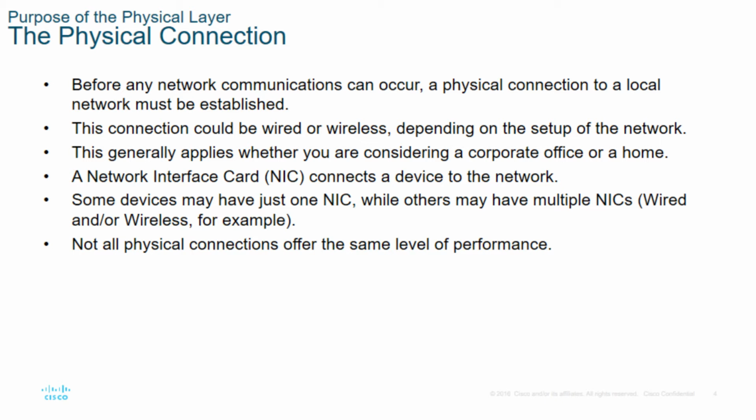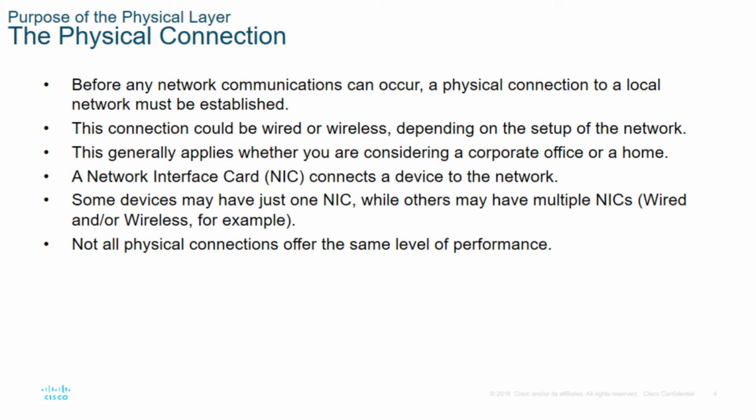Ethernet NICs are used for a wired connection, whereas wireless local area network, WLAN, NICs are used for wireless, and end user devices may include one or both types of NICs.